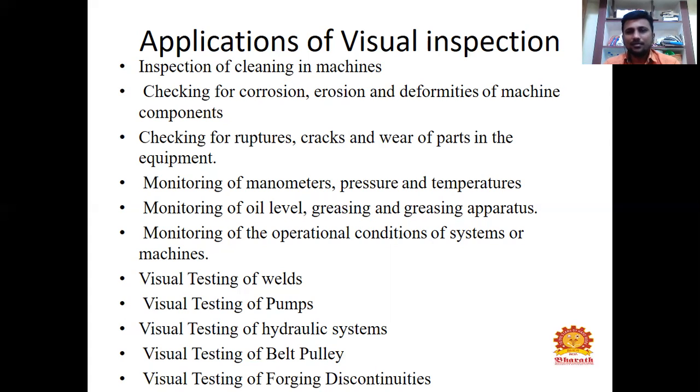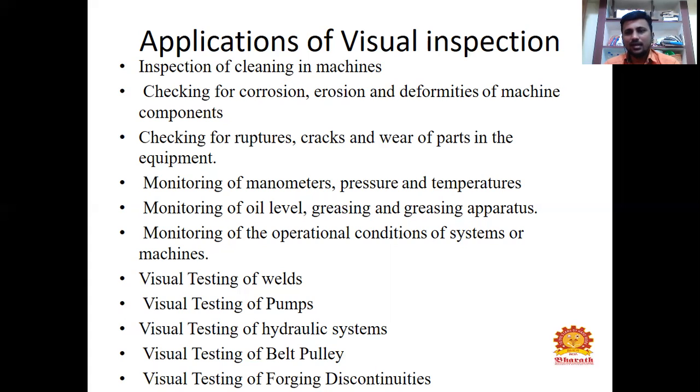Then second, the NDT method: what is meant by NDT, and NDE, what is meant by NDE and what the uses of NDE are. That also we discussed. Then finally, we discussed the difference between NDE and NDT.